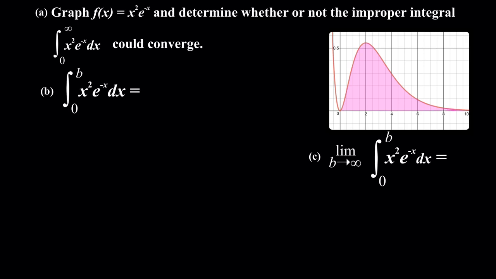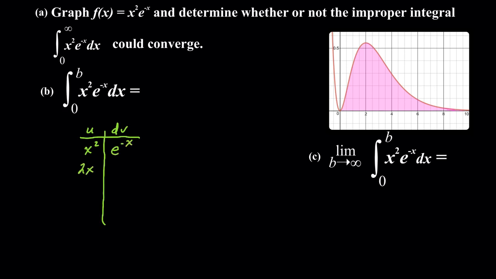So the first thing we're going to do is evaluate this integral that goes from 0 to b, understanding that b is our infinity. If we're to evaluate this integral, the first thing we would need to do is find the antiderivative. And for this, we can use the tabular method, where we have u and dv, where u is going to be x squared and dv is going to be e to the negative x.